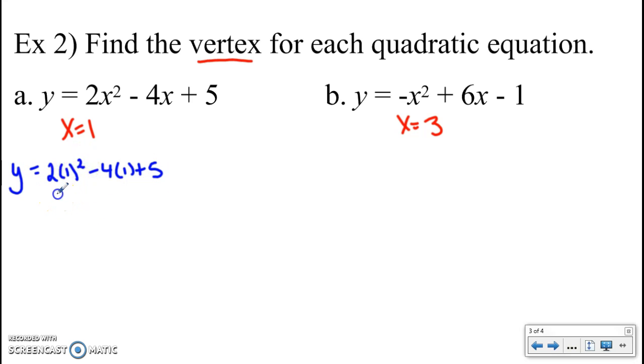So 1 squared is 1, so I really have 2 times 1 minus 4 times 1 plus 5. So 2 times 1 is 2. 4 times 1 is 4. So now I can actually simplify those. 2 minus 4 is -2. -2 plus 5 is 3. So we just found that our y value is 3. So our vertex is going to be at the point 1, 3.